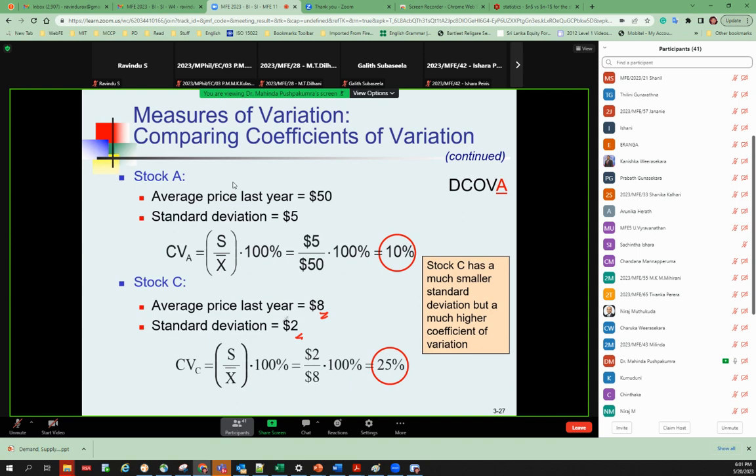If you make a conclusion based on standard deviation, stock C is less variable compared to stock A because its standard deviation is 2. But stock C has a much smaller standard deviation but a much higher coefficient of variation. If you take the standard deviation as a percentage of the average, it is 25.